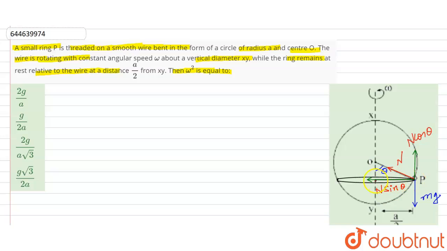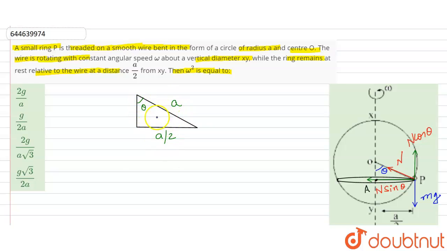This distance is given to us, equal to a by 2, and the radius of this circular path is also a. So let's suppose this is our point A. If we draw the triangle POA here, this is our OA side, this is our AP side, and this is OP side. OP is equal to the radius of the circle, that is a, AP is given as a by 2, and this angle is theta.